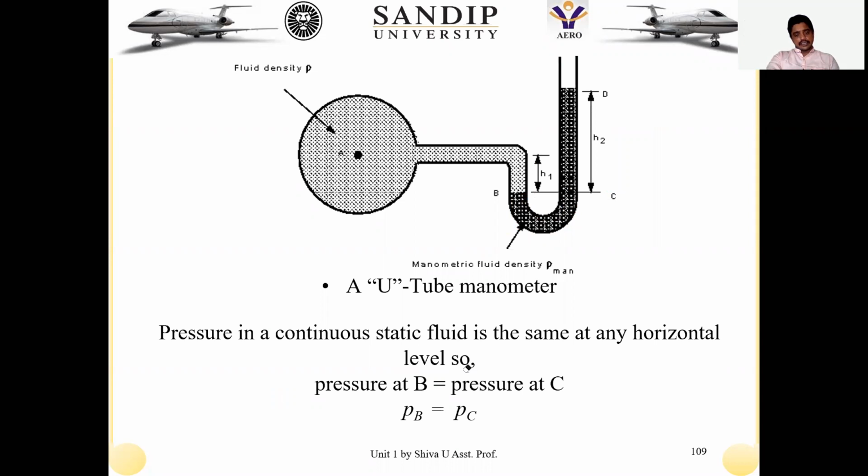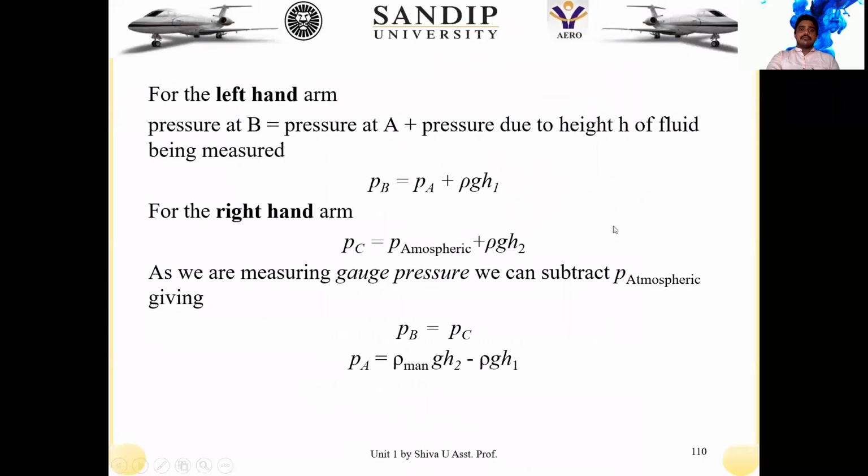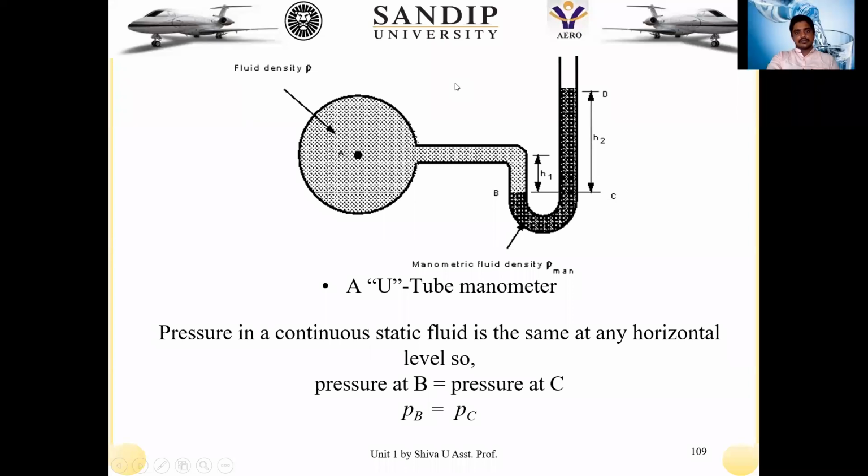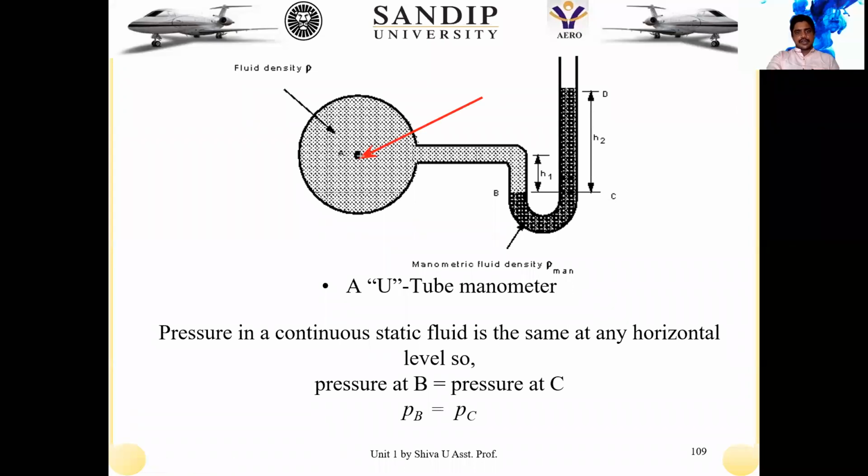Right. So at the equilibrium level, pressure at B is equal to pressure at C. That is PB is equal to PC. By maintaining that equilibrium, on the left hand side, the pressure is the summation of the pressure available at point A plus the pressure due to the height H1.